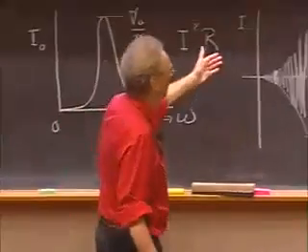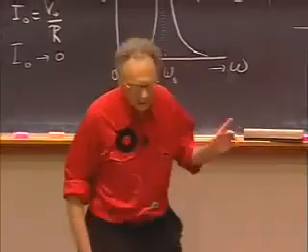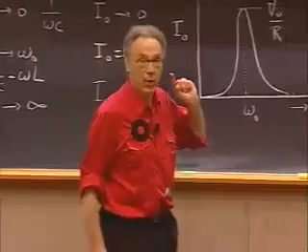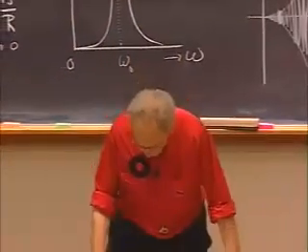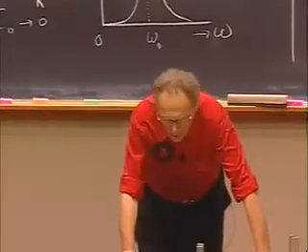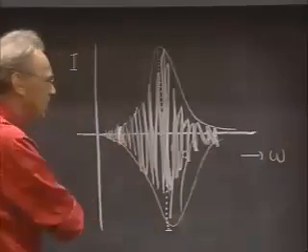So we're going to show you something that is directly linearly proportional to I. It's not power, it's I. If you want to know power, you have to square it. I squared R is the power. And we're going to sweep it in 1/6 of a second this way and 1/6 of a second back.